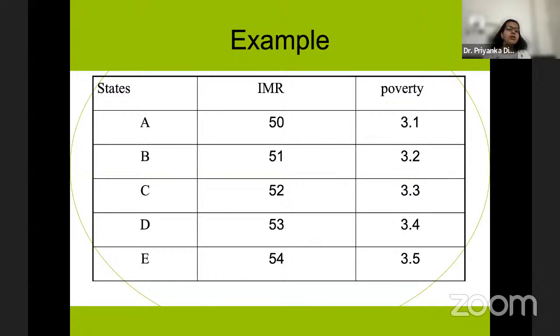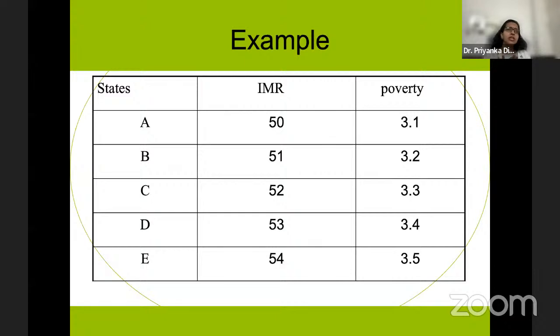And as someone has rightly pointed out, when we do not have the idea about the cause and effect, we don't know that this is the cause and this is the effect, in that situation we can only apply the chi-square and the correlation.